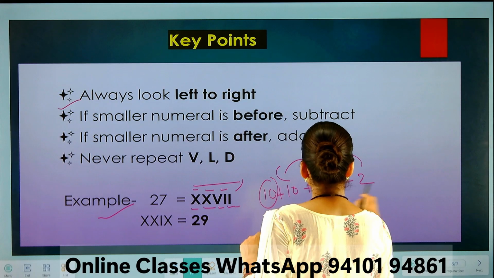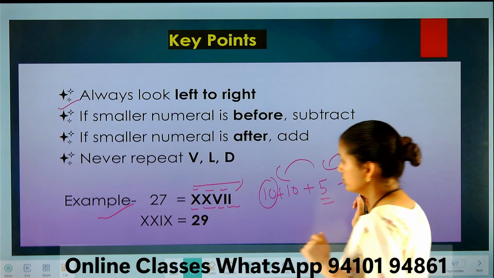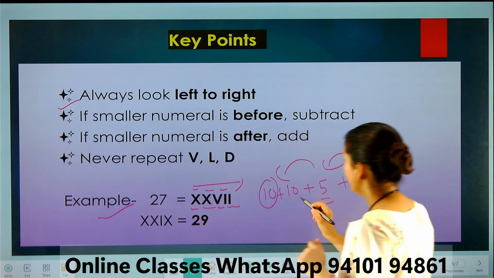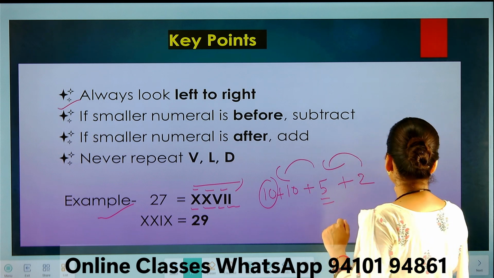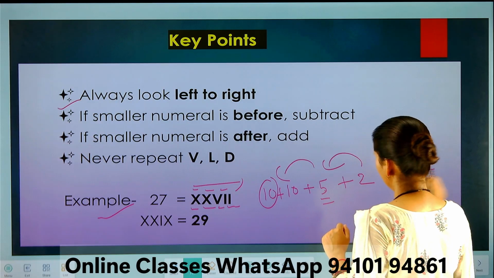So there is no subtraction rule. That's why we see 10 plus 10, 20, 20 plus 5, 25, then 2 more, 27. So this is equal to 27.